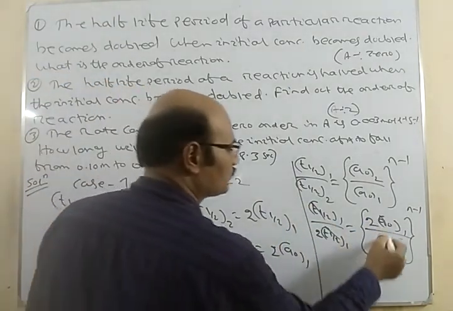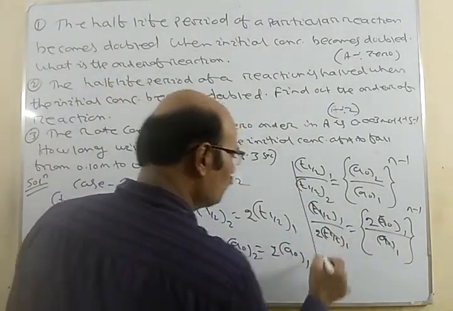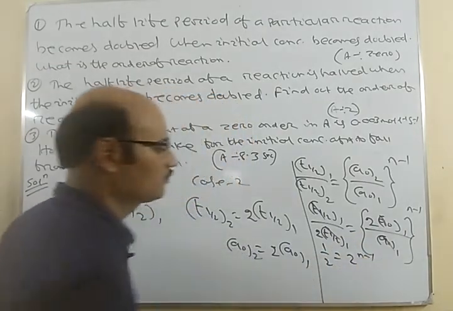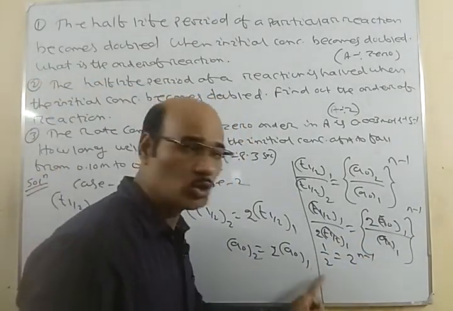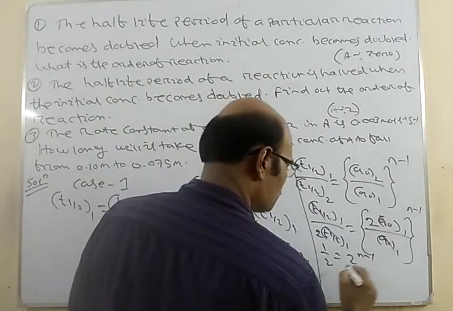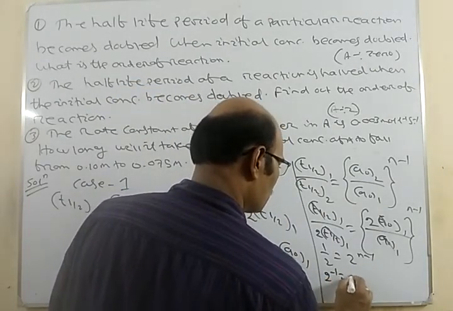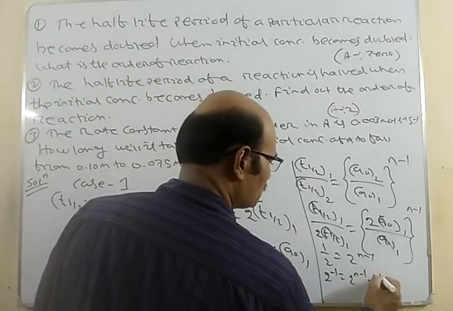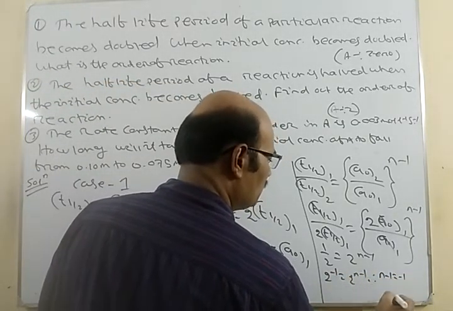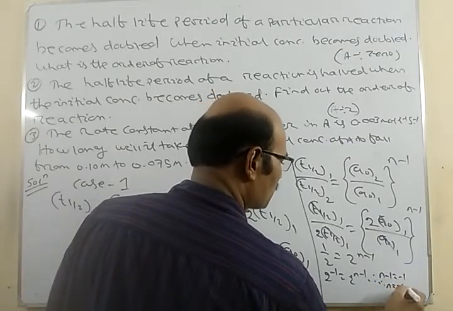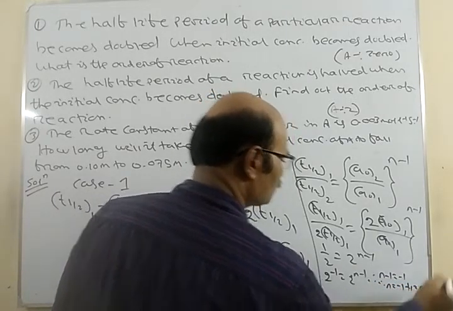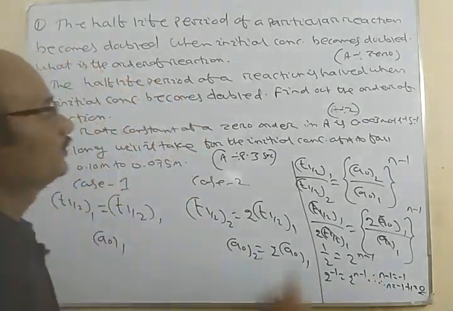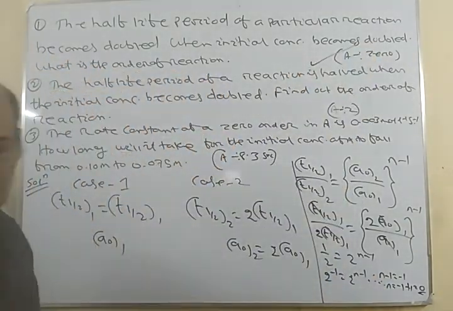This cancels out. So 1 by 2 equals 2 power n minus 1, or 1 by 2 equals 2 power minus 1. So 2 power minus 1 equals 2 power n minus 1. Therefore n minus 1 equal to minus 1, therefore n equal to minus 1 plus 1 equal to 0. So the order of this is what? Zero order. Clear?